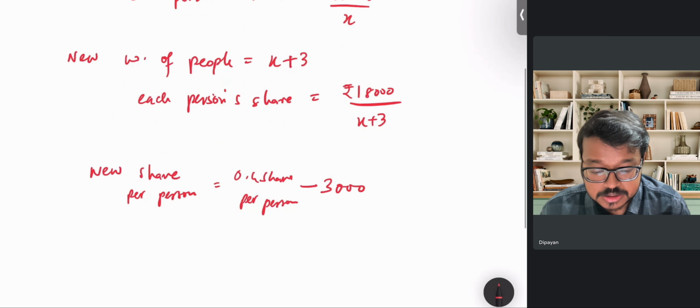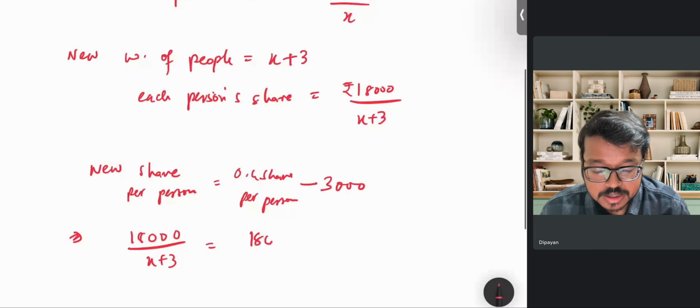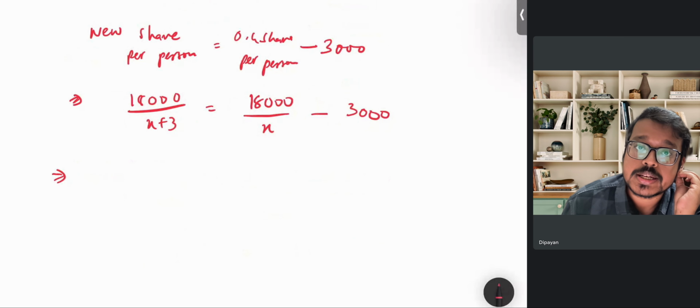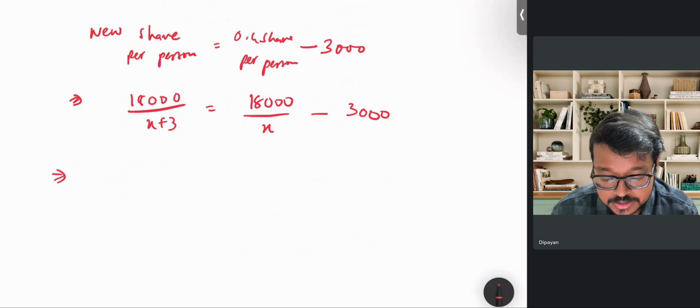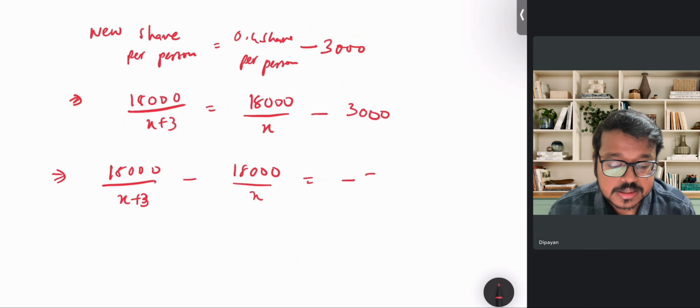So that means 18,000 by x plus 3 is 18,000 by x minus 3,000. So let's move the 18,000 by x to the left side. We will have 18,000 by x plus 3 minus 18,000 by x equal to minus 3,000.